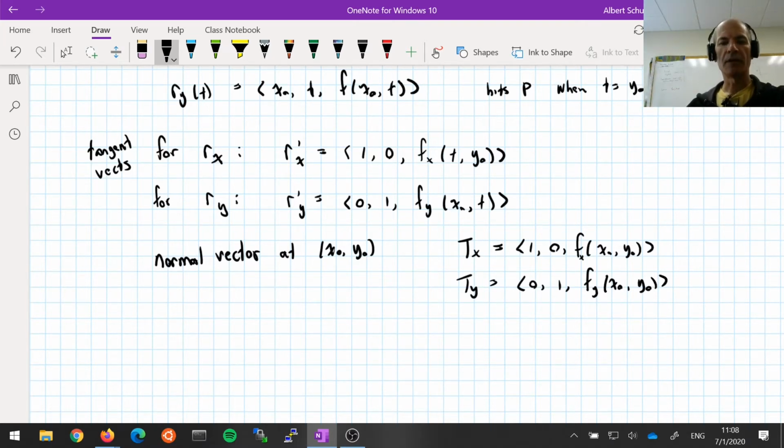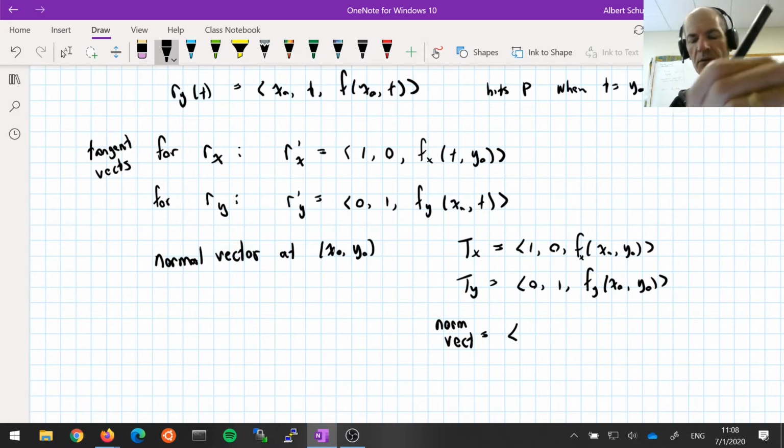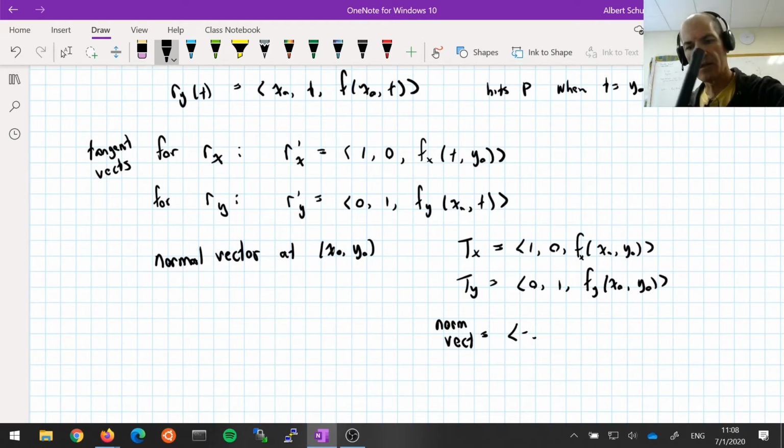Okay, if I want a normal vector at this point, I've got two tangent vectors. I'm just going to compute the cross product and we'll get a normal vector. All right, let's do the normal vector. In the first coordinate, we're going to blot out the first column and do the little determinant in the second two columns. So we get minus f sub x, x naught, y naught.